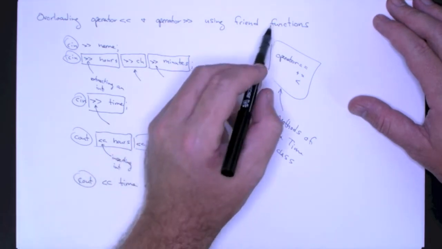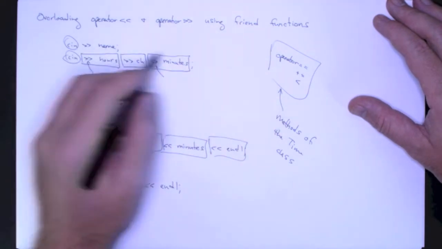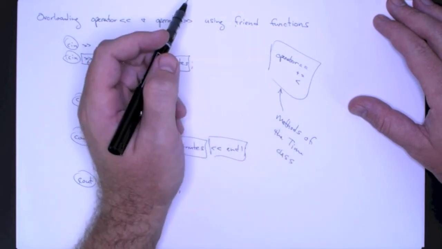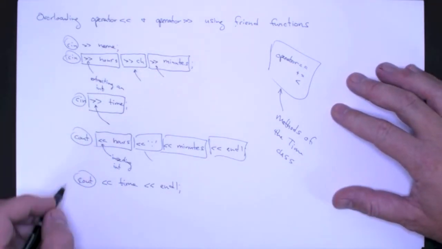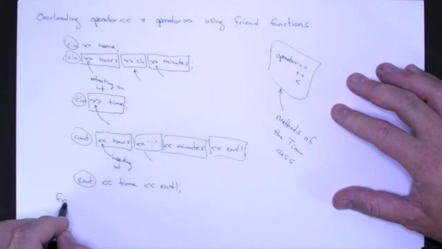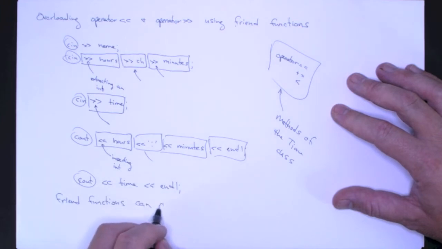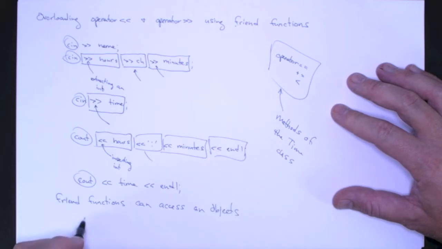So we overload this operator as a function, and then we make it a friend function. What a friend function does is that friend functions can access an object's private data members.